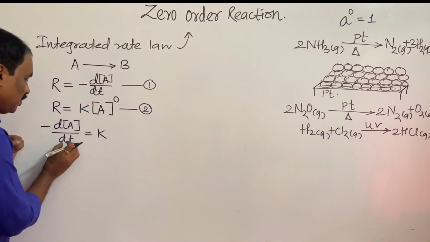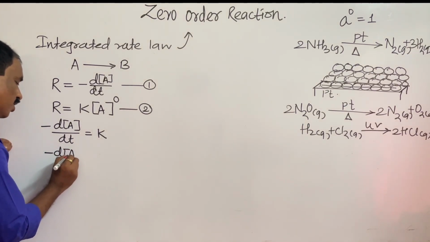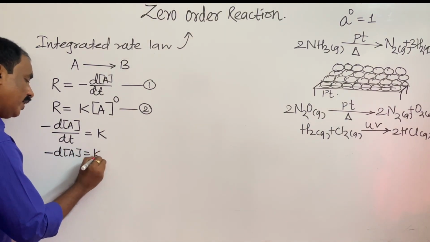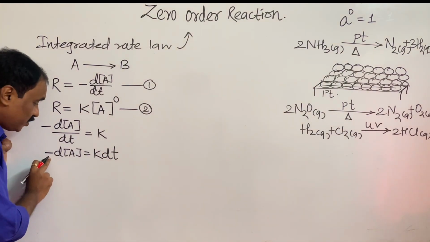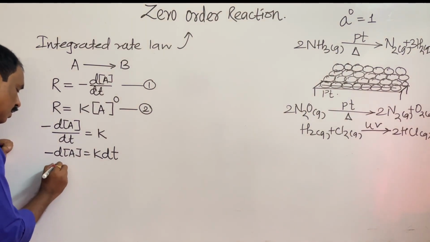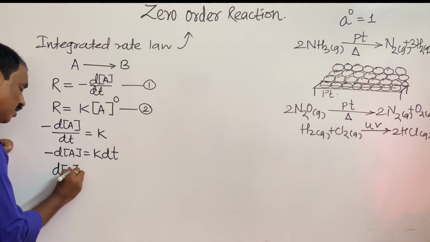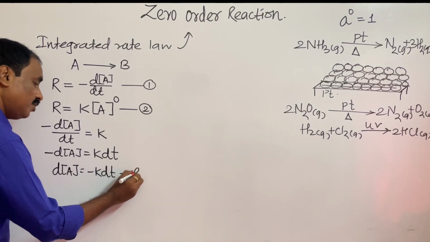I will shift this dt to this side and the equation will be minus dA is equal to k dt. Again I will shift this negative sign to the right hand side. The equation will be dA is equal to minus k into dt. Equation number 3.